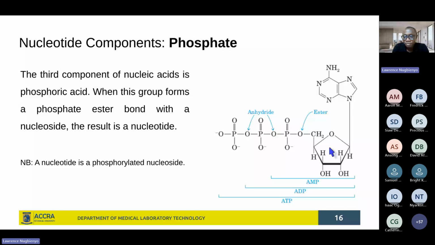So you see, we talked about a nucleoside, which was having a sugar bonded to the base. So you can actually refer to a nucleotide as a phosphorylated nucleoside, because it's a nucleoside on which you have a phosphate group attached. So you can say a nucleotide is a phosphorylated nucleoside.